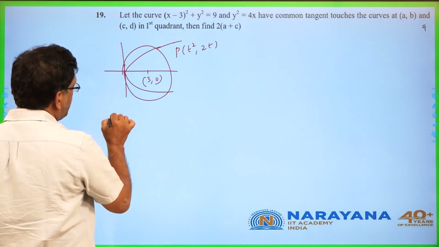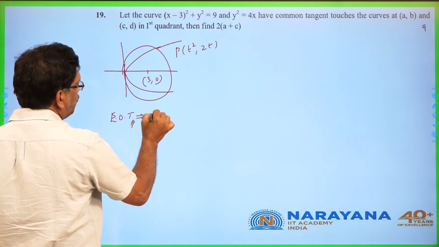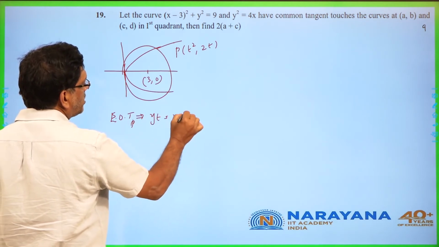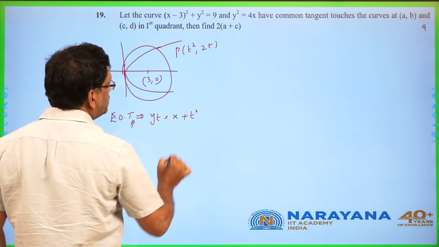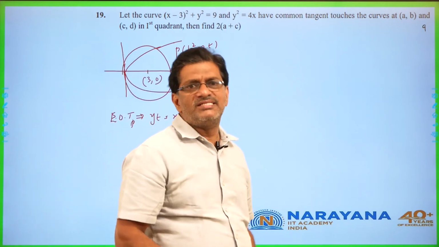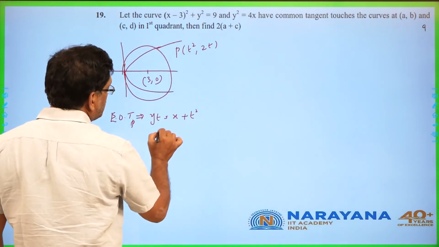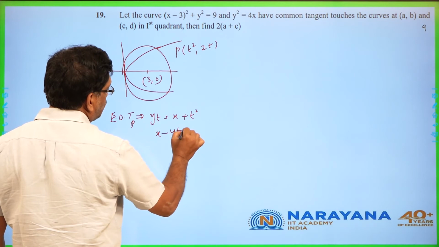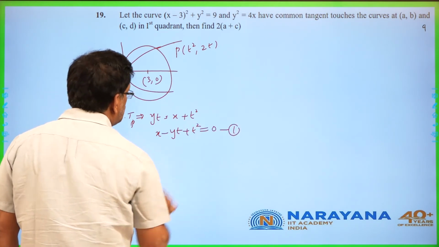Equation of tangent at P, we know yt equal to x plus at square. In this case, a is 1, hence like this. So you can write x minus yt plus t square equal to 0.